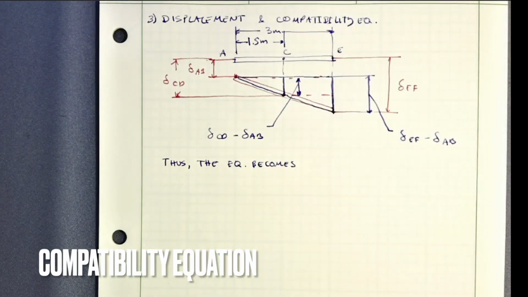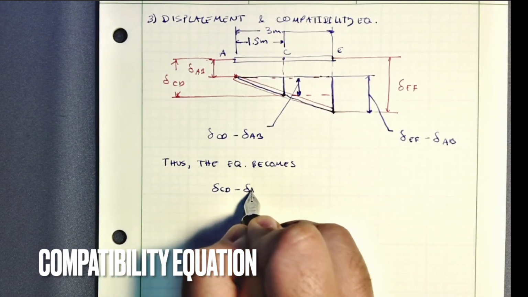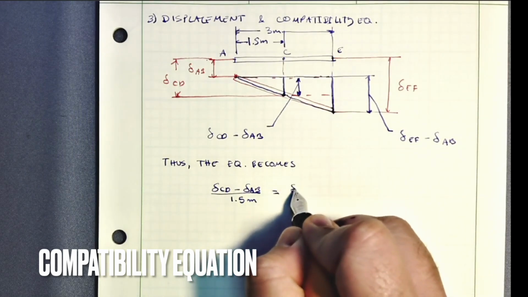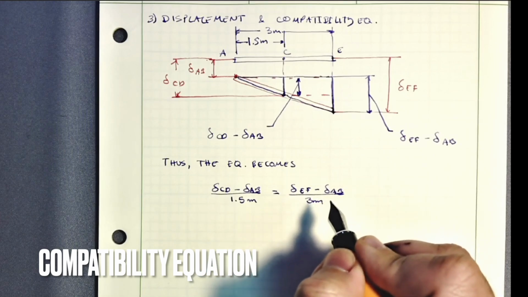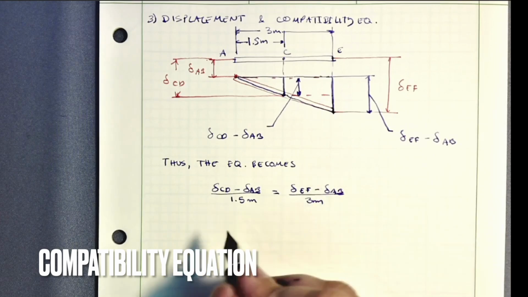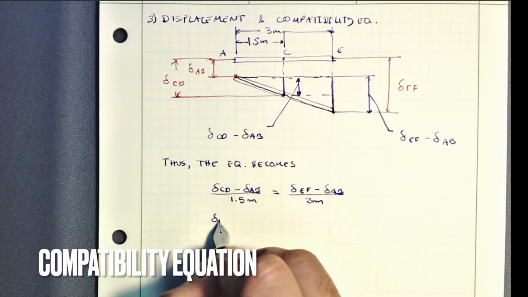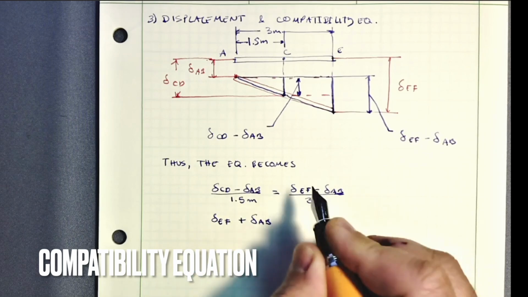Then the compatibility equation becomes the adjacent side of one of the triangles divided by this opposing side, and the adjacent side of the larger triangle divided by its opposing side. From here we can simplify the equation so that similar terms are grouped together.